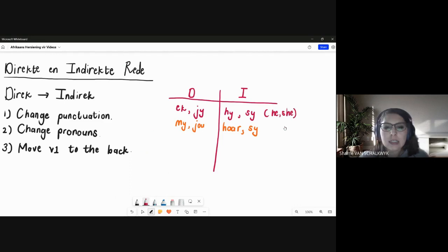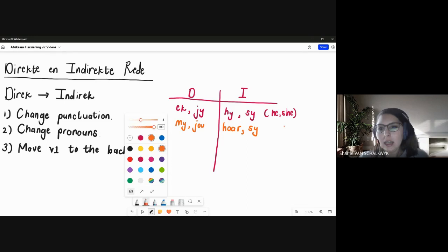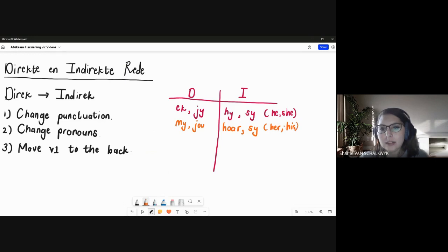But in this second instance, it is her and his. And this one, let me just add this here. The second one here means your. So there will be an object right after it.